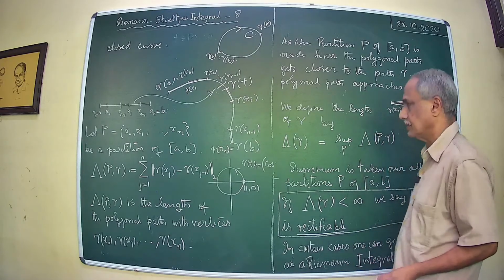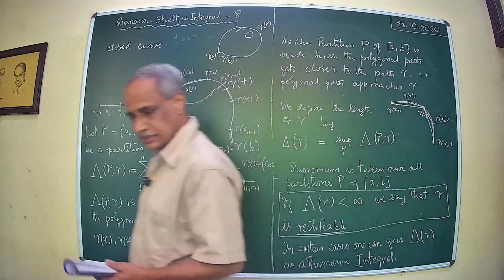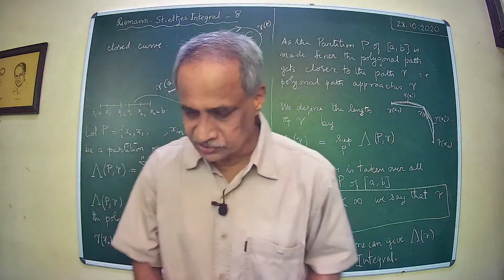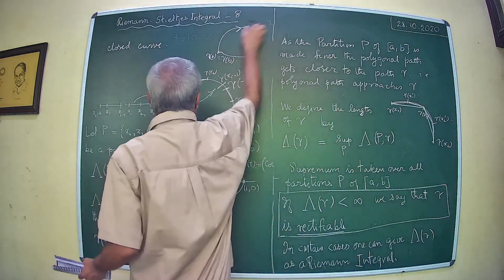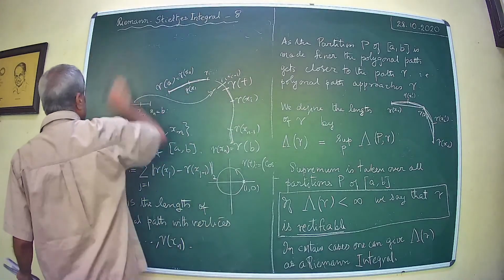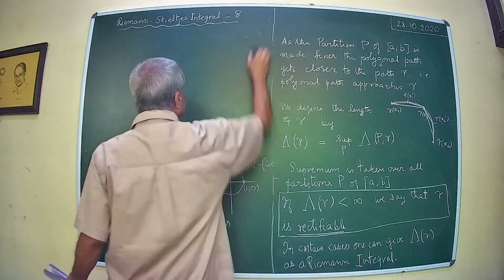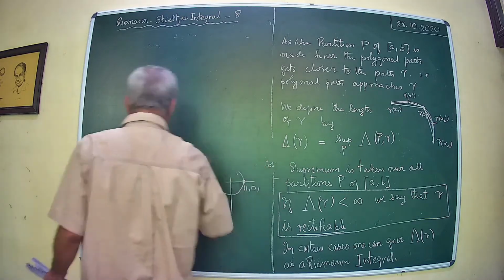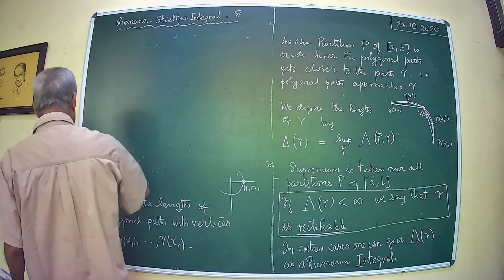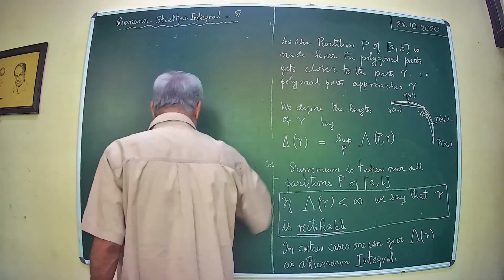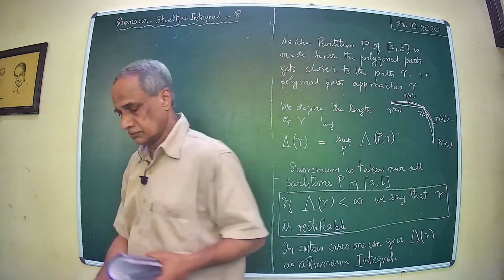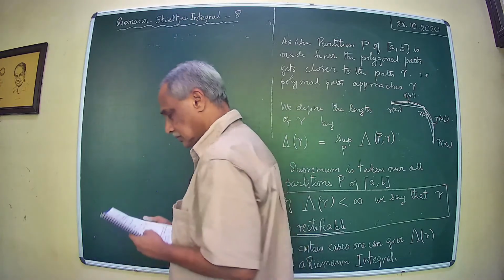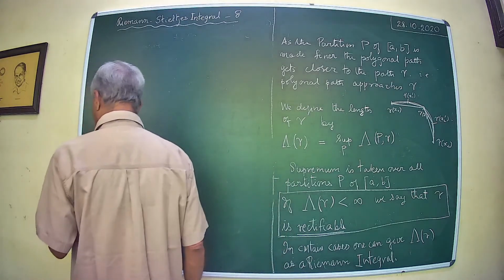This is an application. So let us see a situation where one can give this as a Riemann integral. Let us take the theorem which essentially tells you under some conditions you can give this as a Riemann integral.